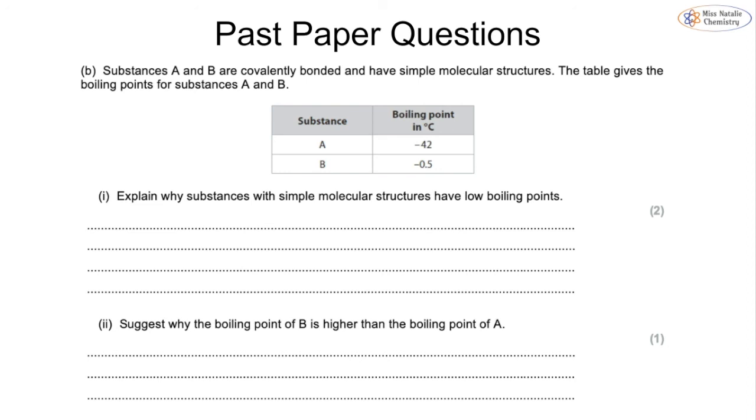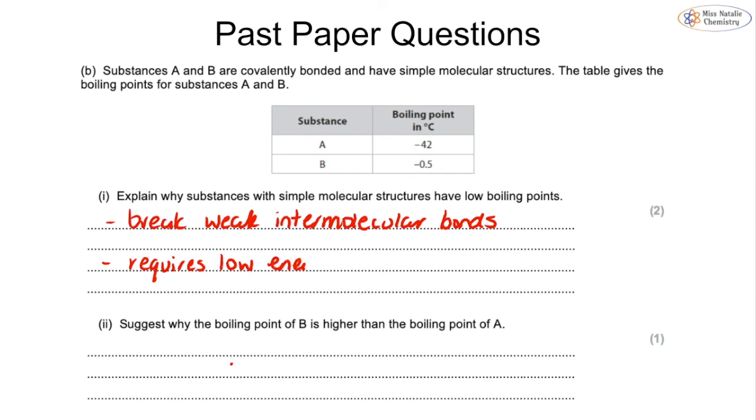So again, what are we breaking and what effect does that have? And it's because we break weak intermolecular bonds. This time we're not breaking the strong covalent bonds. And what effect does that have? Is that they require a low energy to break.